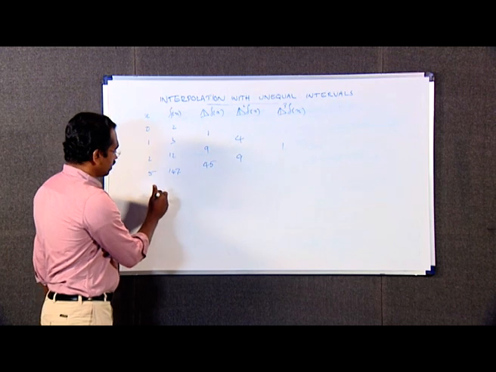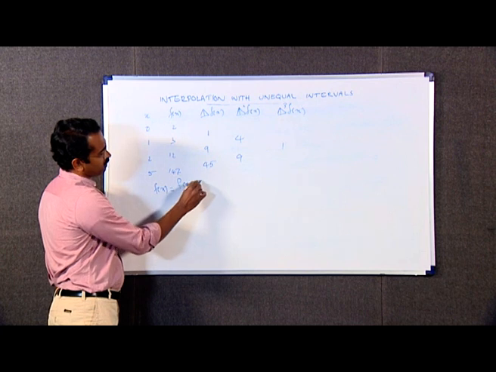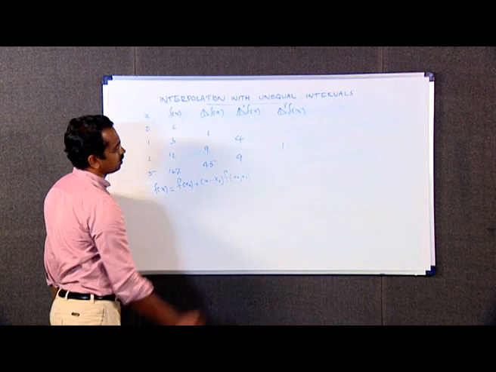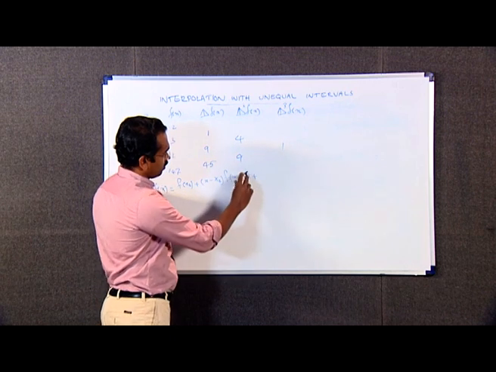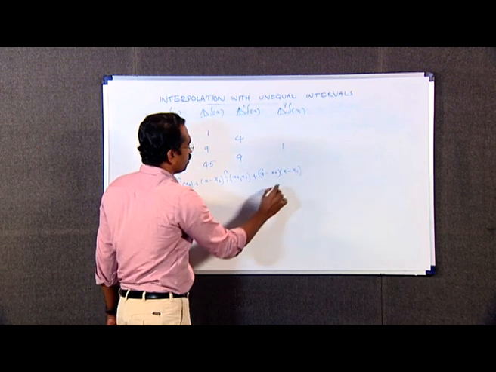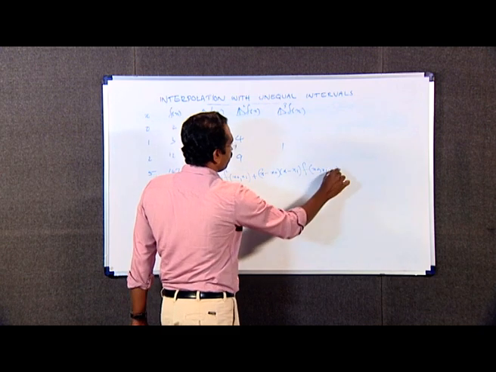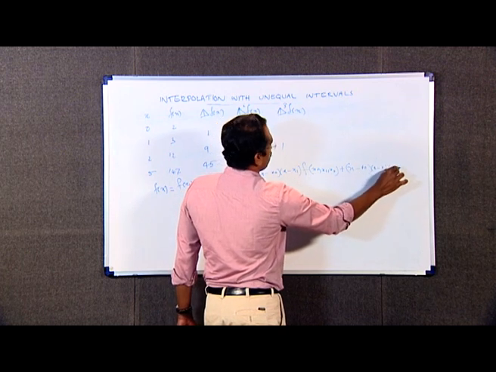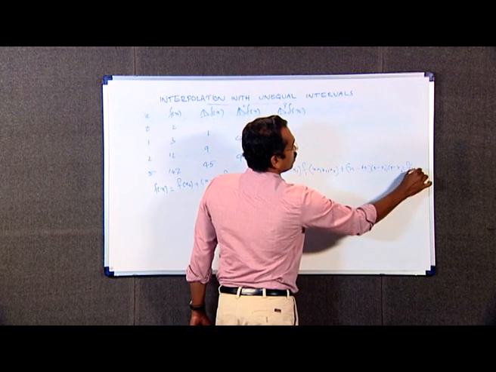And by Newton's divided difference formula, we have f of x is equal to f of x naught plus (x minus x naught) into f of x naught x1, plus (x minus x naught) into (x minus x1) into f of x naught x1 x2, plus (x minus x naught) into (x minus x1) into (x minus x2) into f of x naught x1 x2 and x3.